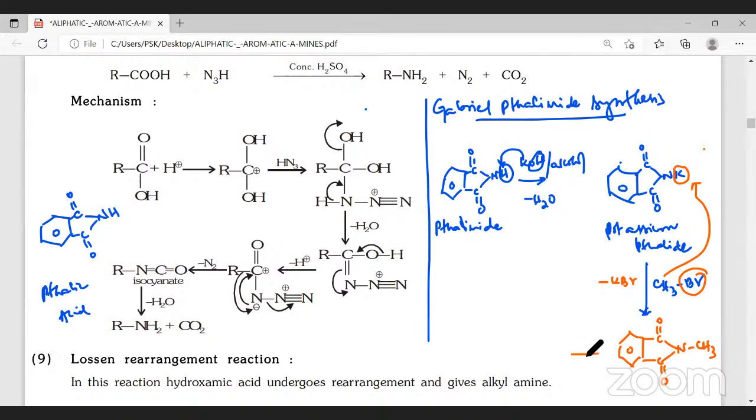This methyl phthalimide, when you heat it with sodium hydroxide, what happens is the bonds break here. Carbon and nitrogen, the bonds break.